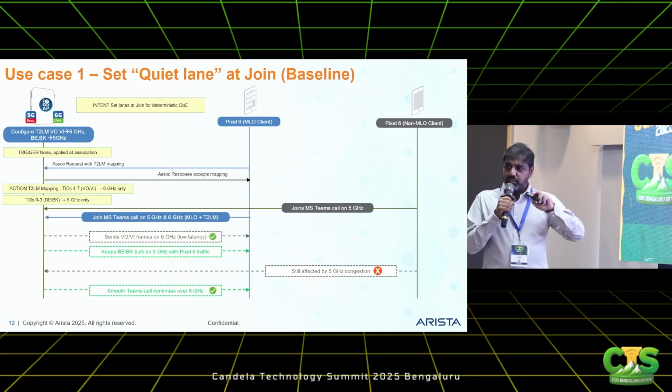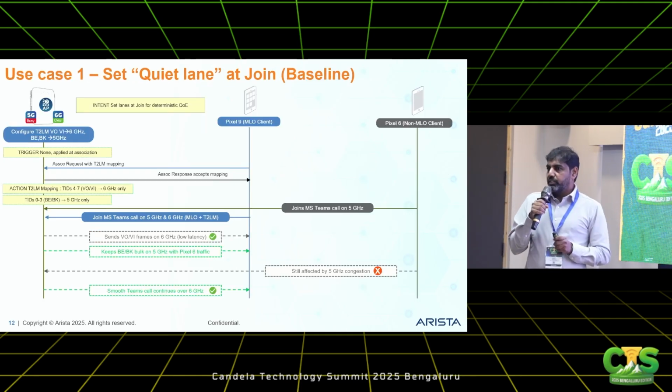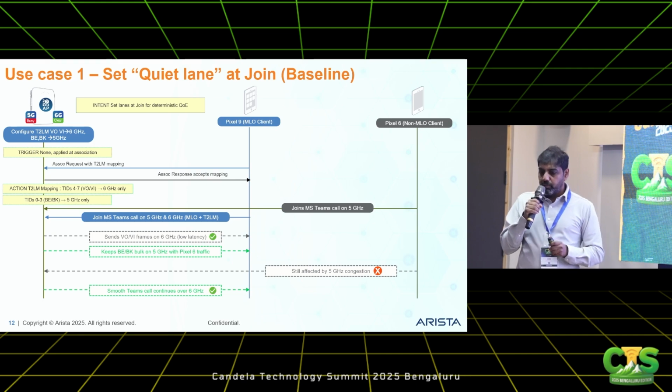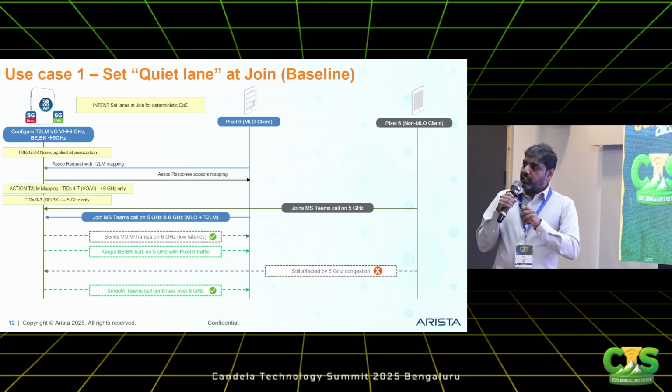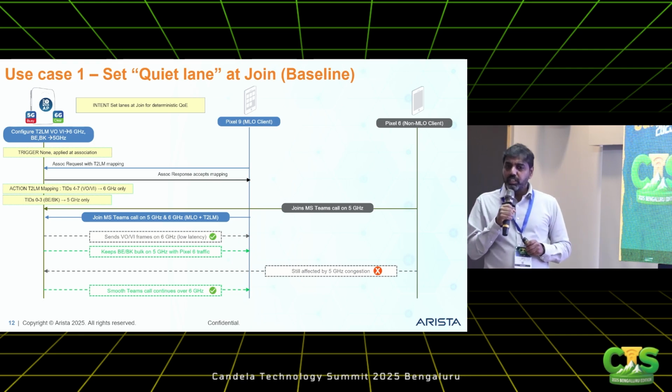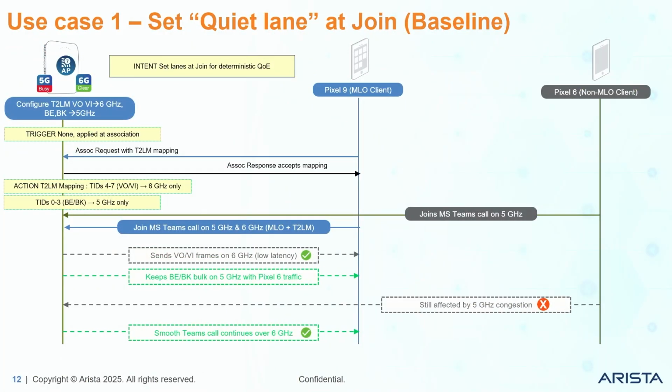Let's take three practical use cases. The first use case is a baseline approach: set the quiet lane at the time of join. The intent of this use case is to get deterministic behavior. What it means is at the time of joining itself, an access point can have a policy that says, okay, for all the Zoom and voice calls, Teams calls, you keep those calls in the highest priority lane, right?